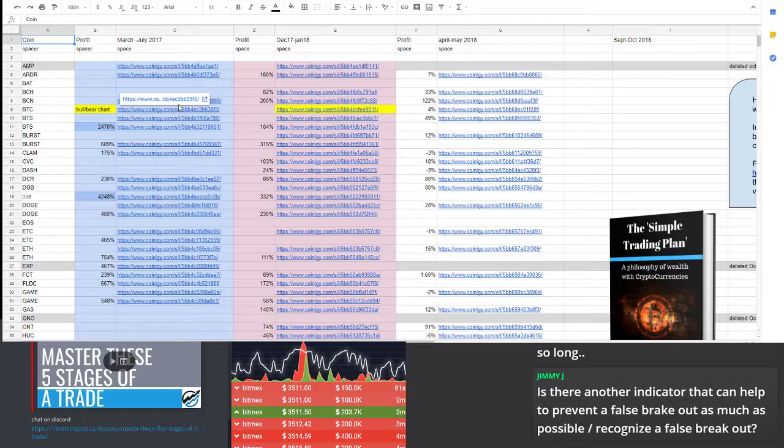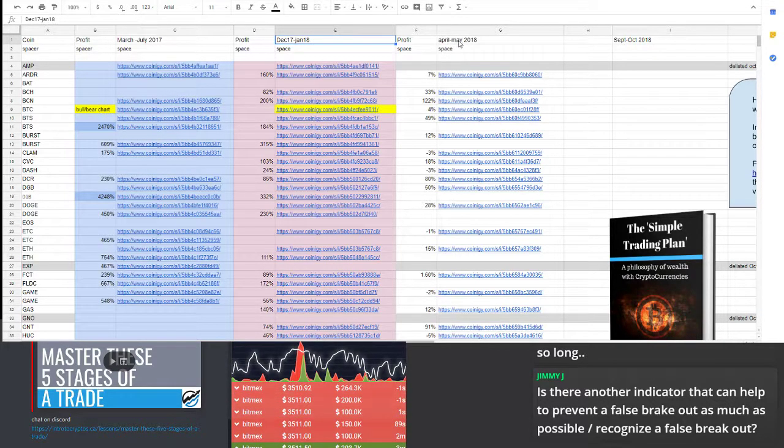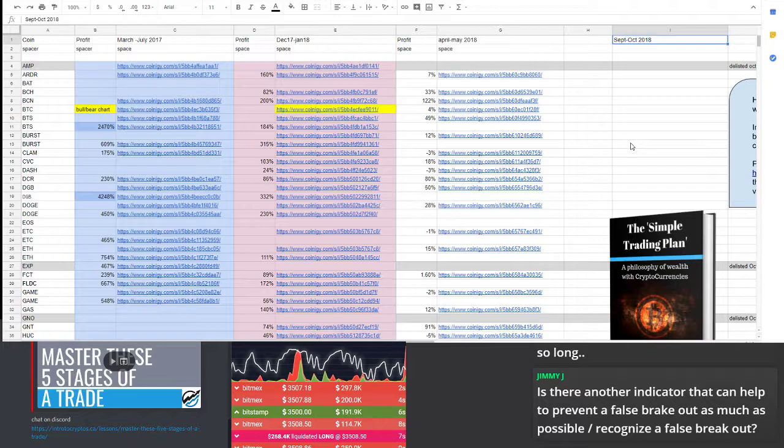And all of these different bull markets: from March to July of 2017, December to January of 17-18, April to May of 2018, and now we have September and October of 2018. Each one of these little bull markets was less and less powerful.